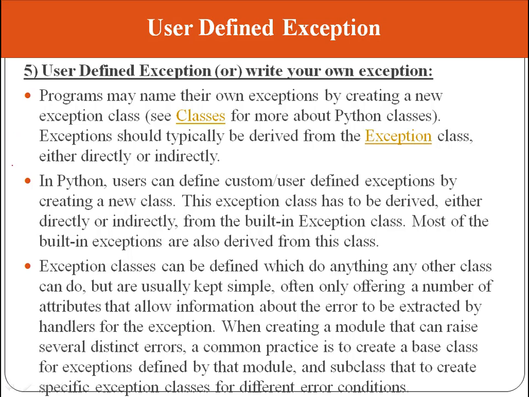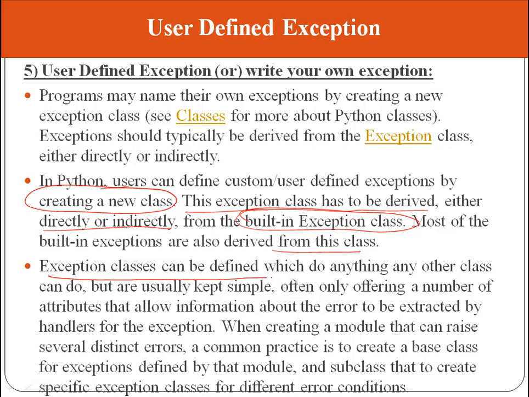So here you will be creating a new class. This exception class has to be derived, and these things are to be taken care of, either directly or indirectly, from the built-in exception class. Most of the built-in exceptions are also derived from this class. So we will see the example.